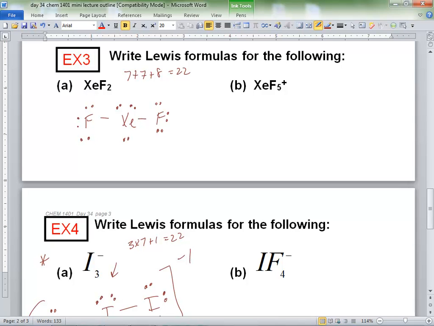So I need 3 lone pairs on that center atom, and no double bonds, nothing, because it's not CNOS. So xenon's not obeying the octet rule. Xenon's got 2, 4, 6, 8, 10 electrons around it. You have to live with it. It exists. Next class period, we're going to use that information to predict its shape.